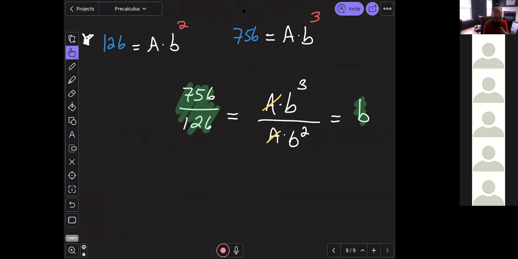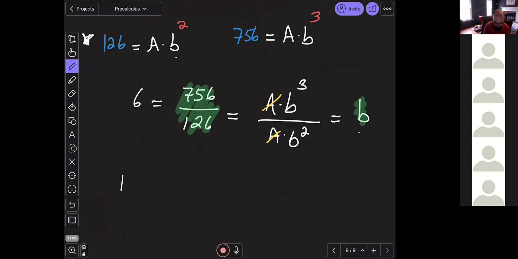So what we'll do is plug this b back in for one of these equations. Let's figure this out. I'm just going to plug it into Desmos. What is 756 divided by 126? It turns out that that is 6, right? So we'll simplify this.